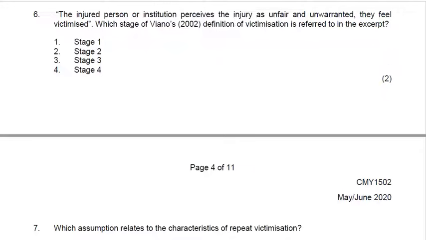Which stage of Viano's definition of victimization is referred to in this aspect? The answer is 2, which is found on page 8 of our study guide, which is stage 2.